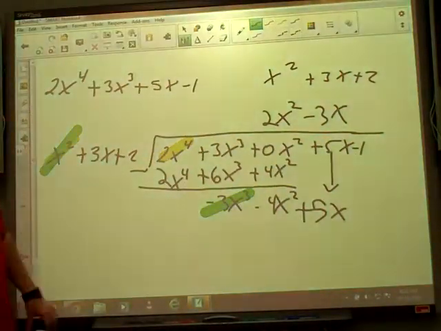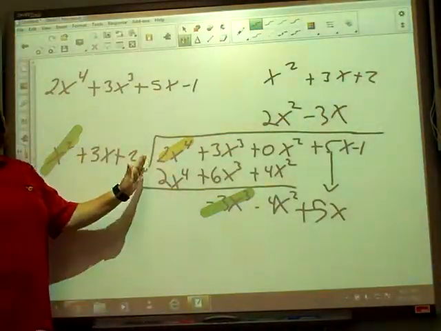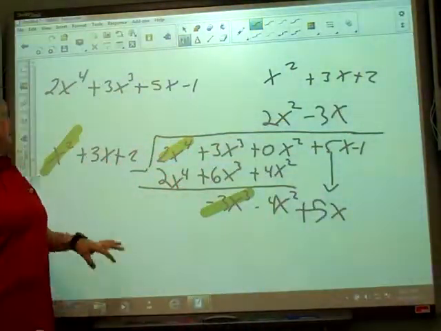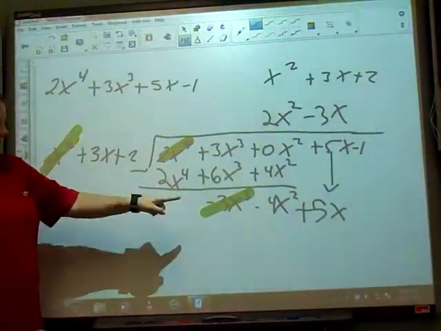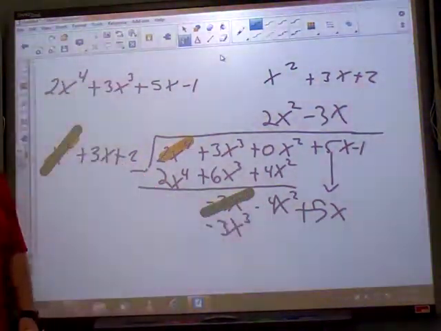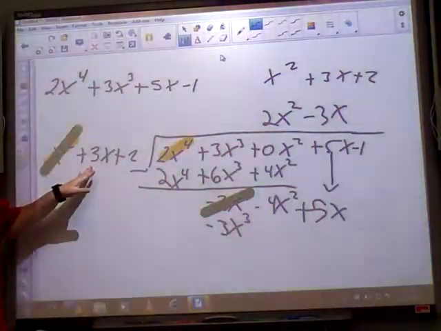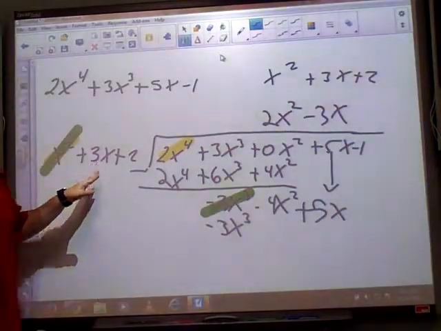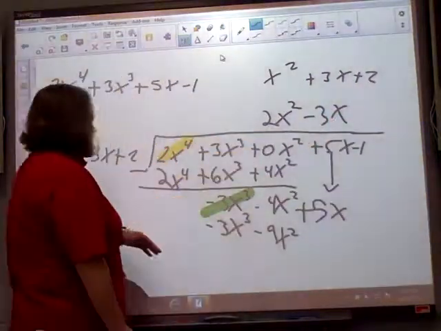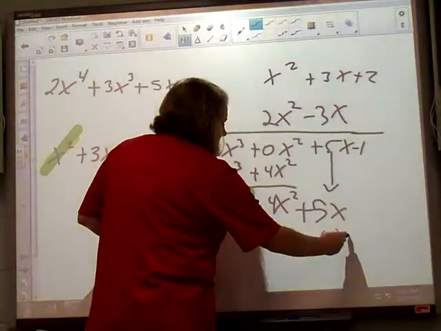Now we have to do negative 3x times all three of these. Negative 3x times x squared is negative 3x cubed. Negative 3x times 3x is negative 9x squared. And negative 3x times 2 is negative 6x.